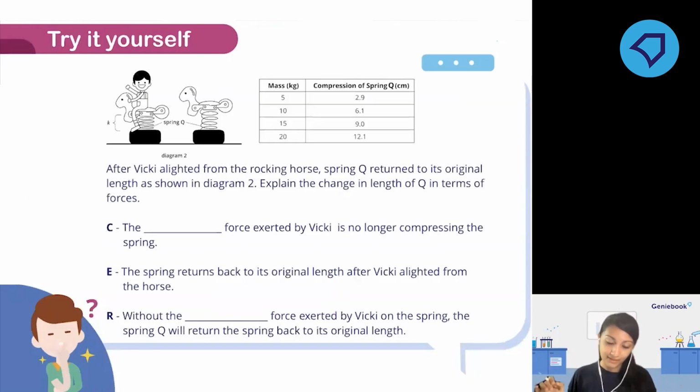Yeah. Now, after he alighted, okay, alighted means get off. Spring Q returned to its original length. Explain the change in length of Q in terms of forces. Okay, so let's fill in the blanks. The weight force exerted by Vicky is no longer compressing the spring.